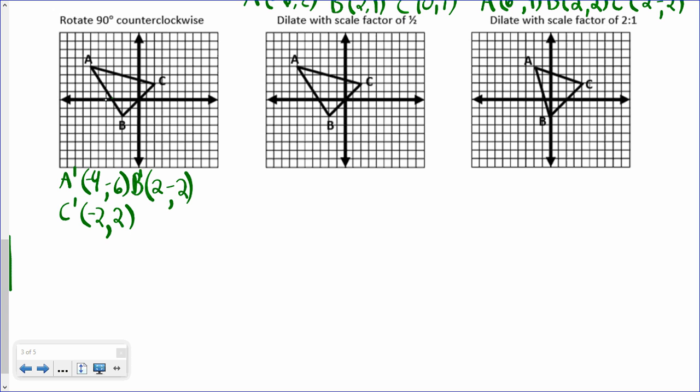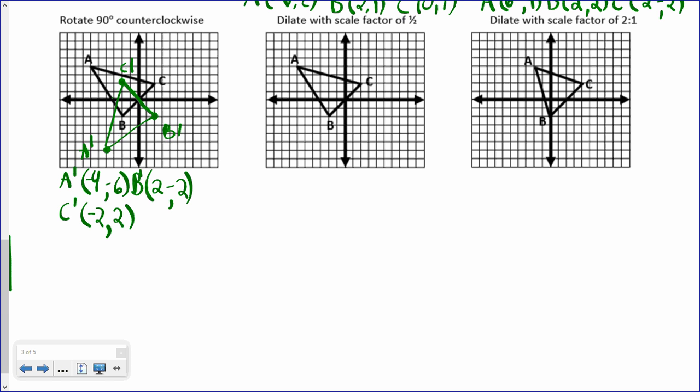So negative 4, 6, 2, negative 2, and negative 2, positive. Did everybody get those? Please make sure you guys are turning in the correct direction or your numbers will be incorrect.